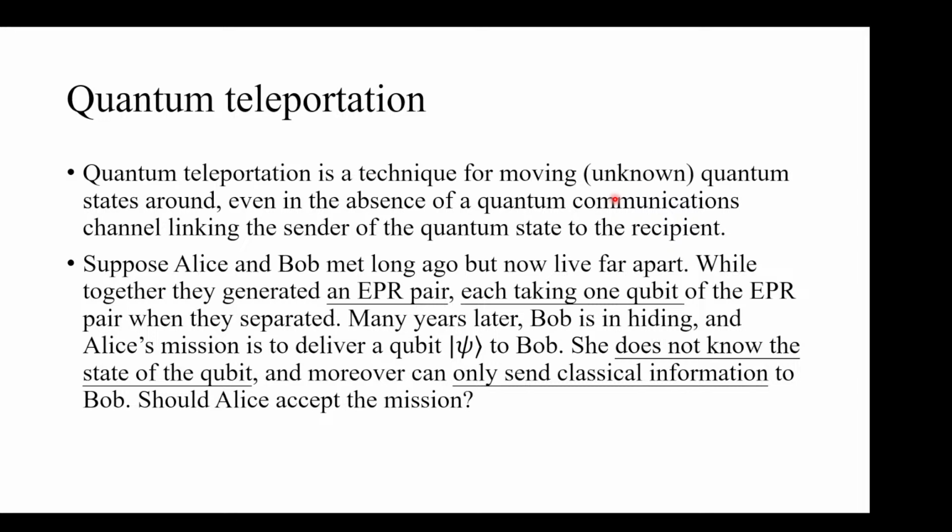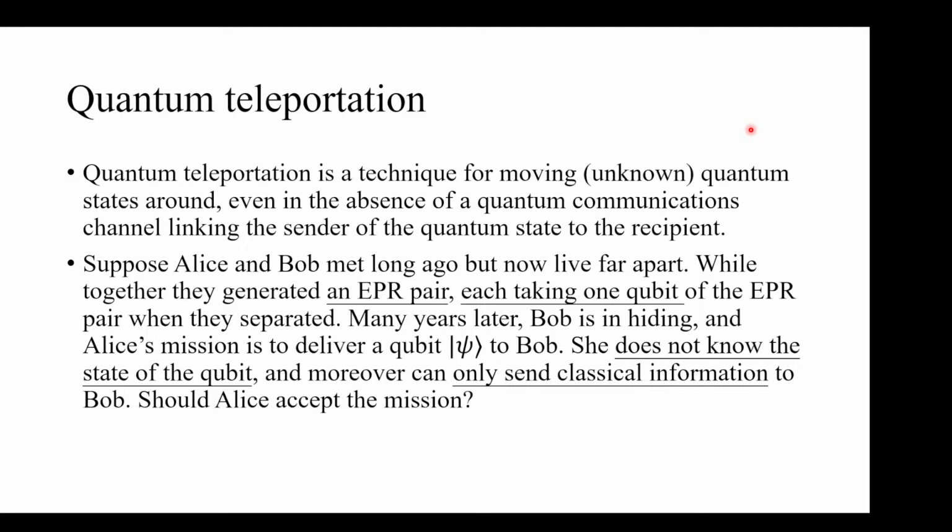Assume that you have some register at Alice and a register at Bob, and between Alice and Bob there is no quantum communication. They only have classical communication, and Alice wants to have a state on her side appear in Bob's lab.